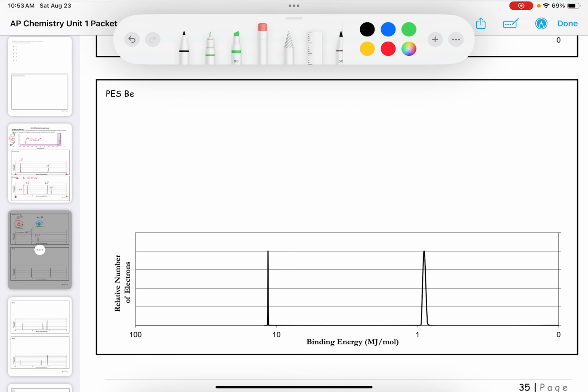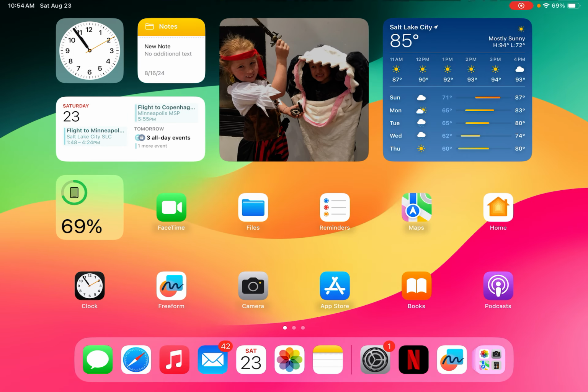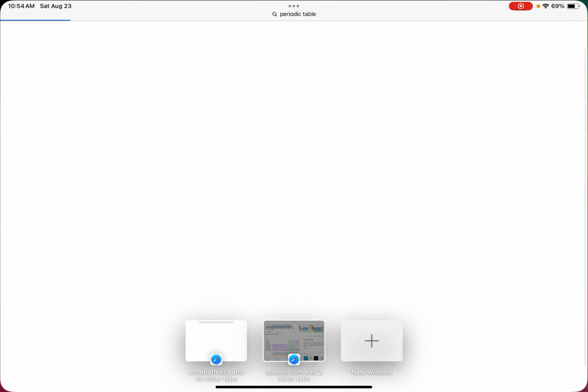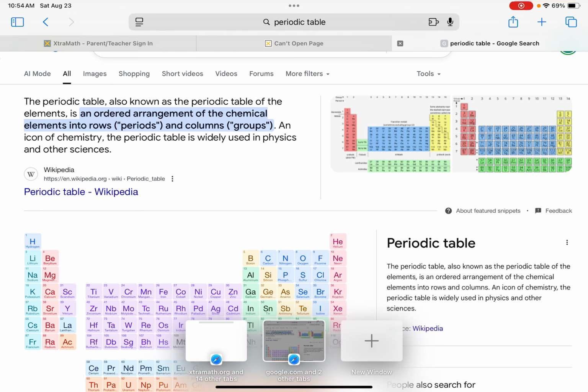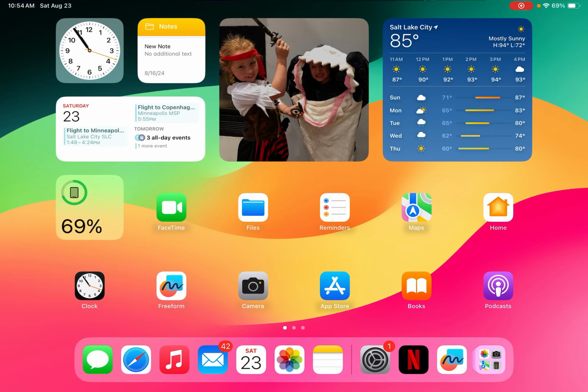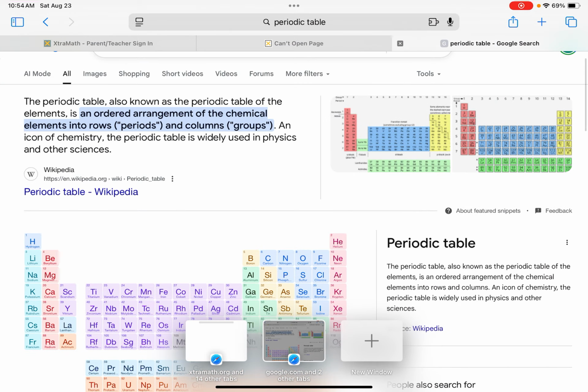So what we're going to do is the current spectrum drawn on the bottom of page 35 is for beryllium, Be. And then what we're going to add to this is the spectrum for magnesium. You see magnesium right below beryllium there? So we got a 1s2.